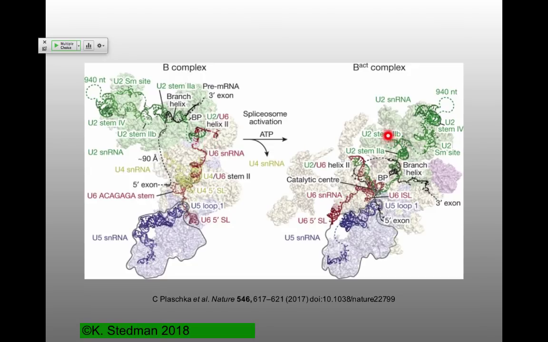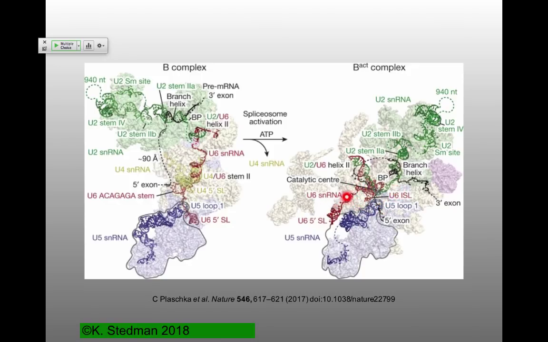It's all the same proteins, all the same RNAs, but now where this branch and the 5' exon are have been folded in together. And so now this is where you're going to get the attack of that phosphate on the 2'-OH to get the linkage to form, and then processing taking place.